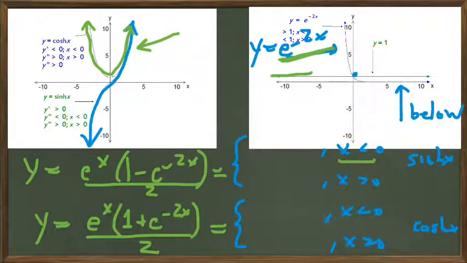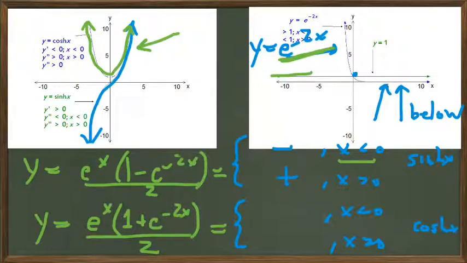This function is much bigger than this function, and so this part is less than 0. e to the x is always positive, and so we get a negative number for that. However, when x is greater than 0 and we're subtracting e to the minus 2x from y equals 1, e to the minus 2x is, as we said, below 1, and so in that case this is positive.